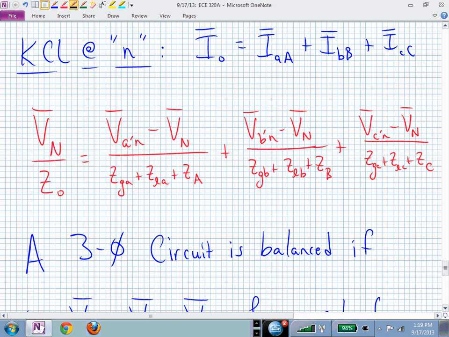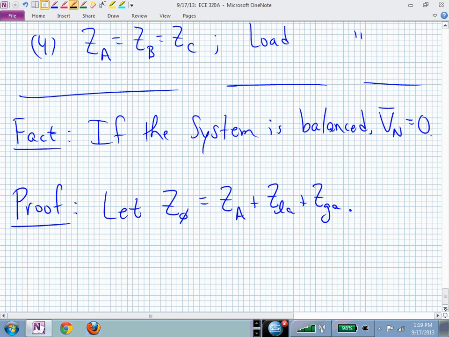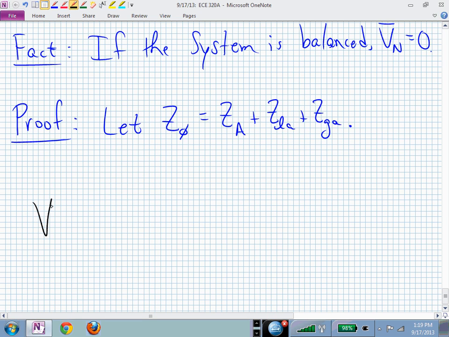So I have a V sub N over a Z naught, and then I have 3 V sub N's over Z sub phi. Those will form the left side. And I just have the right side remaining, meaning I now have V sub N times 1 over Z sub 0 plus 3 over Z sub phi.